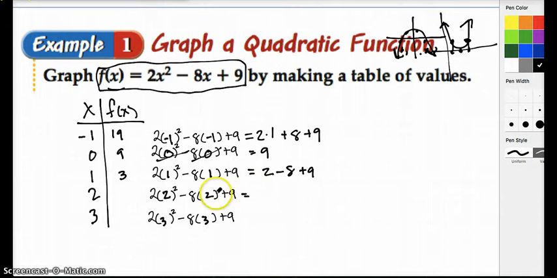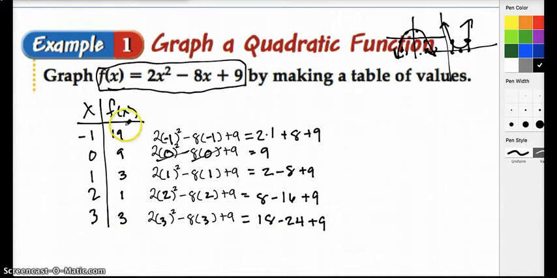So over here, 2 squared is 4 times 2 is 8 minus 16 plus 9 is going to give me a -8 plus 9, which is a +1. And I'll do it over here one last time. Hopefully something good will happen. I get a 9 here times 2 is 18 minus 24 plus 9. With these two terms, I get a -6 plus 9 gives me a +3.